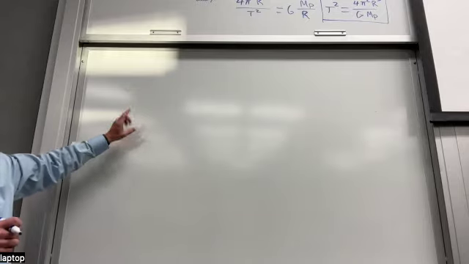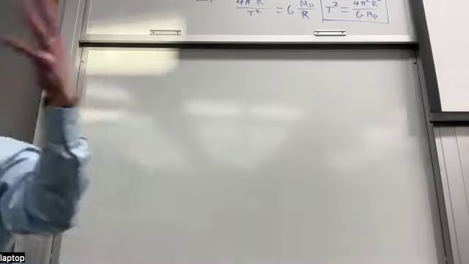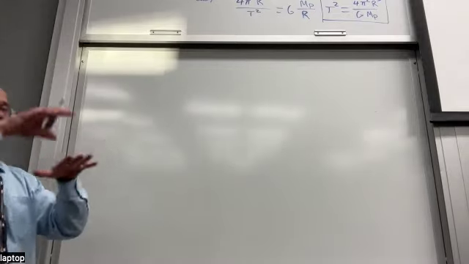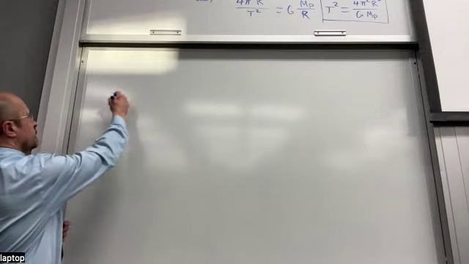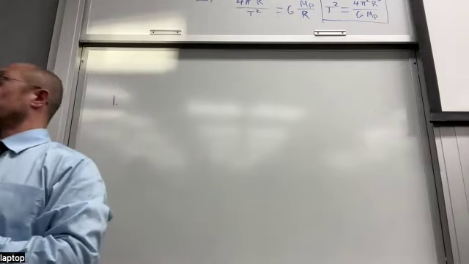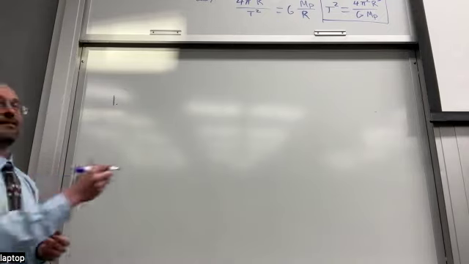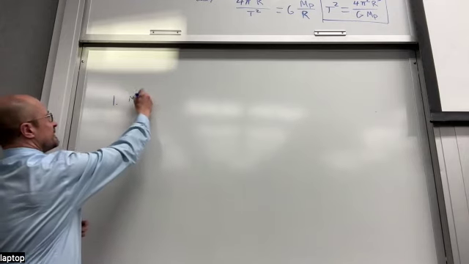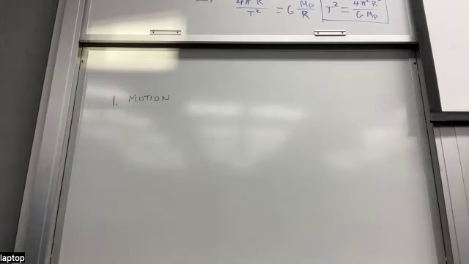Alright, so when you think about the semester, at least how my course was set out, you guys had your exams at different points. The first thing you probably talked about was motion.